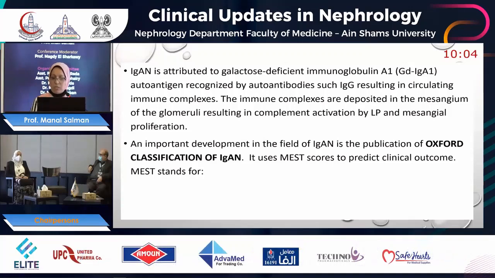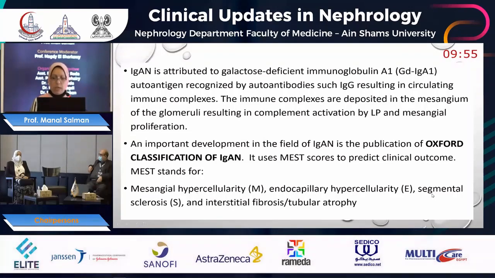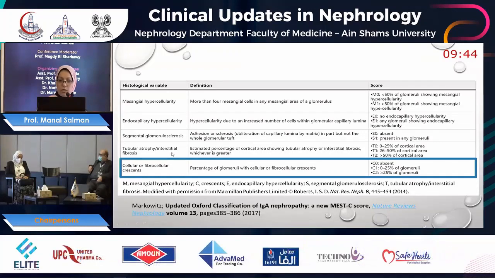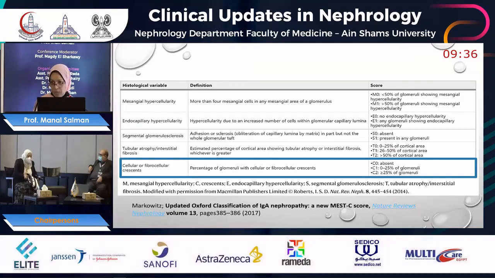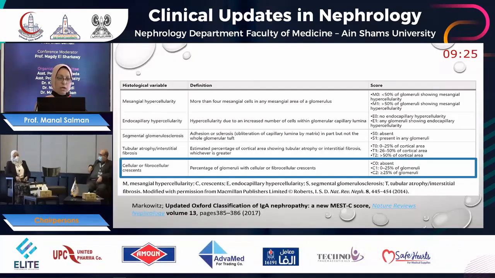It uses the MIST score to predict the clinical outcome regarding mesangial hypercellularity, endocapillary hypercellularity, segmental sclerosis, and interstitial fibrosis and tubular atrophy. The new part is the addition of crescents. The Oxford classification was updated in 2014, and crescents were added because they said crescents are an active lesion, and so worthy of being present in the classification and the score. So the new thing for IgA nephropathy is the addition of the crescents.